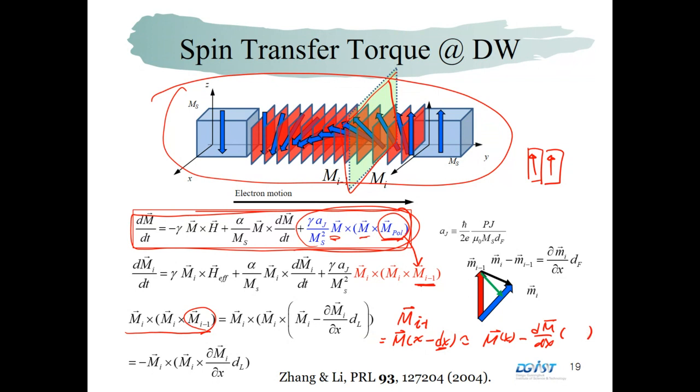And actually the dx is nothing else but the lattice parameter with the minus sign. So we have a minus sign here. And this term will disappear by the vector product with the other M_i. So the remaining part is here.